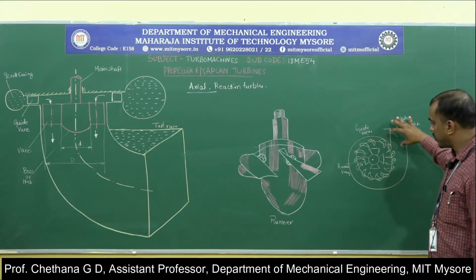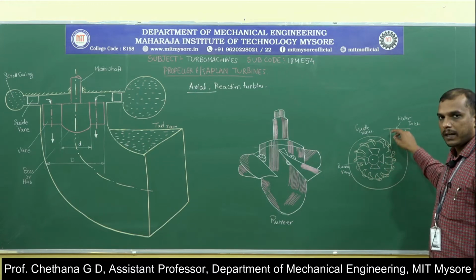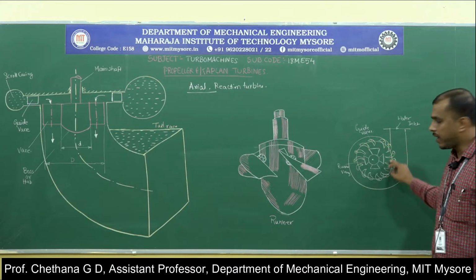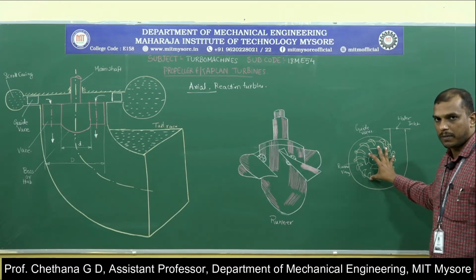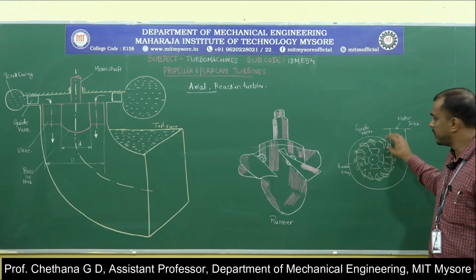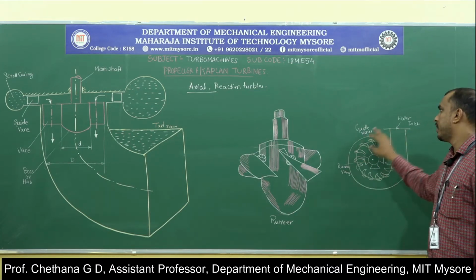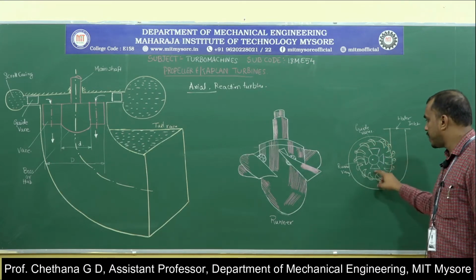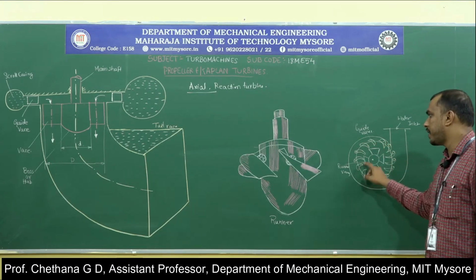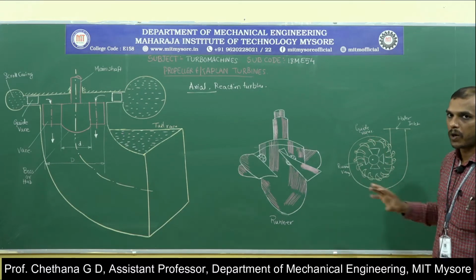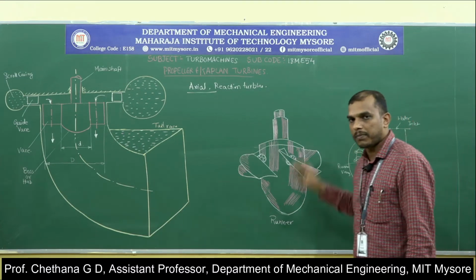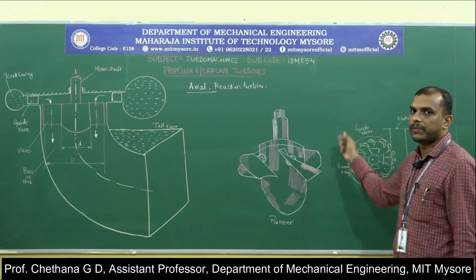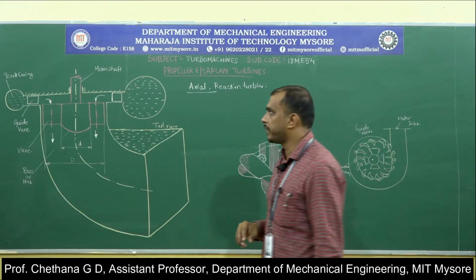Because of this, we want the velocity throughout the periphery of this turbine to be the same. That means as the water enters and goes across this periphery, the velocity at each entry of the guide vanes should be the same. That's why we have a reducing cross section, which ensures the velocity is the same throughout the periphery.